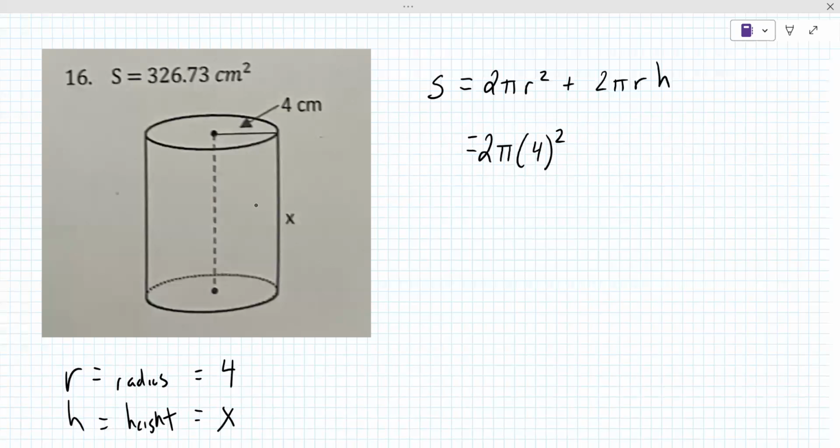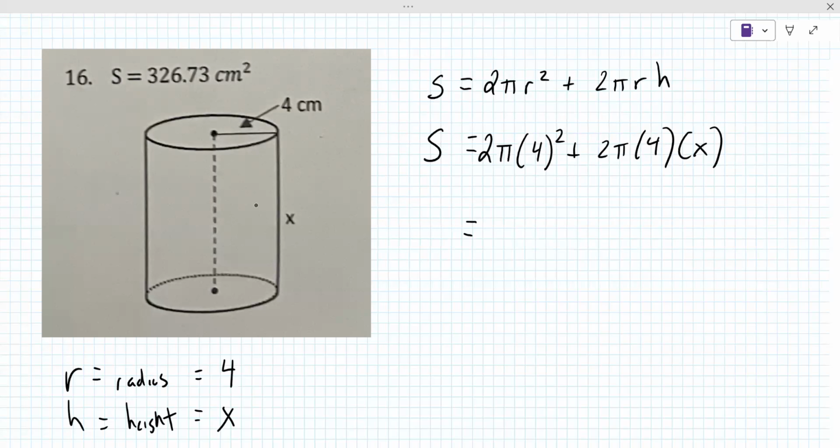Radius is 4. But the height is X. That's right. Any questions on that? Just substituting it in? No. Okay.